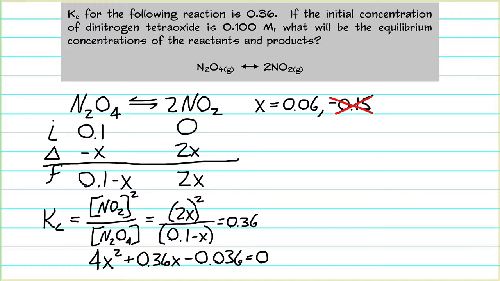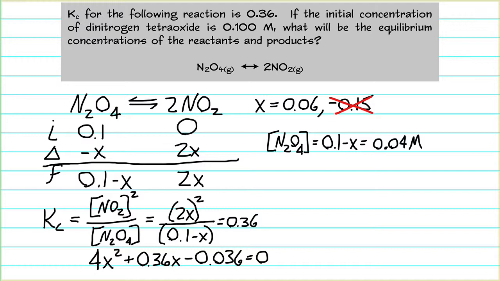So when we started out, we said the concentration of the dinitrogen tetraoxide was going to be equal to 0.1 minus x, and that ends up being 0.04 molar.